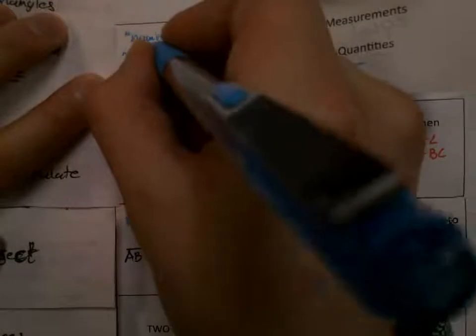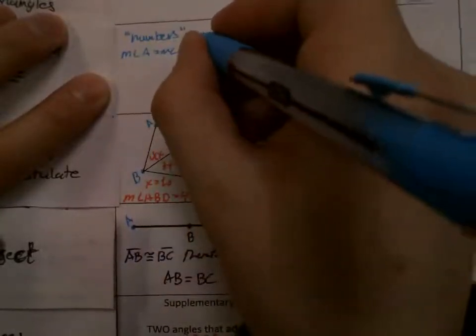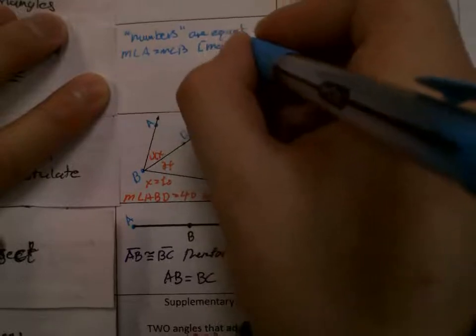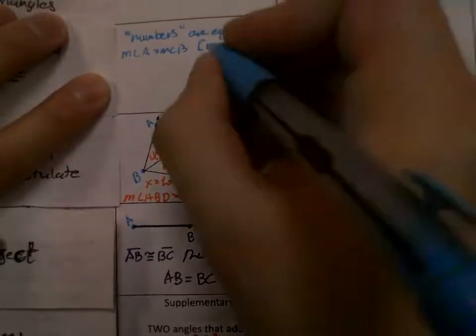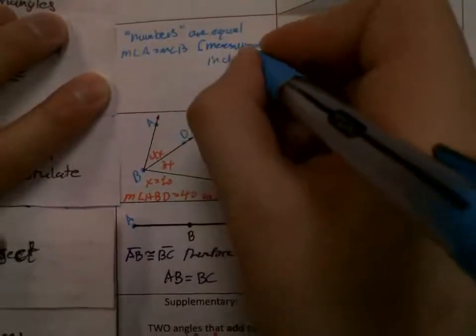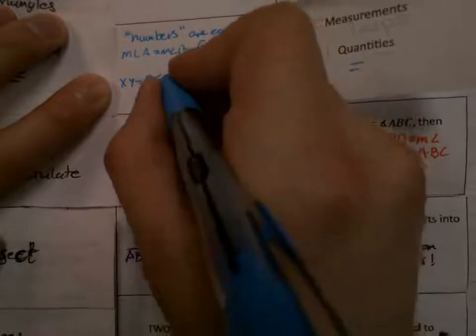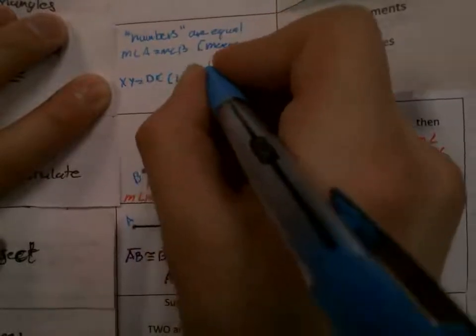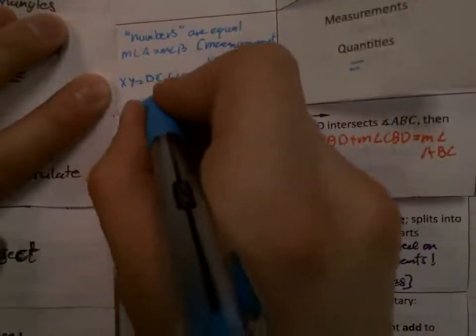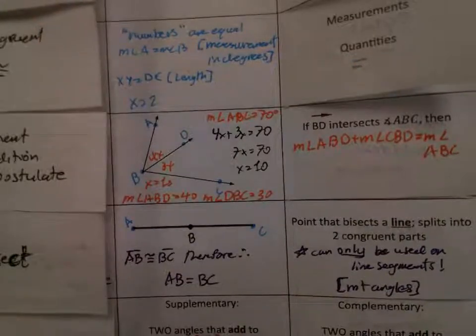The measurement of angle 1 is equal to the measurement of angle B. Measurement in degrees. XY is equal to DC. That's length. Or x equals 2. In angle O.